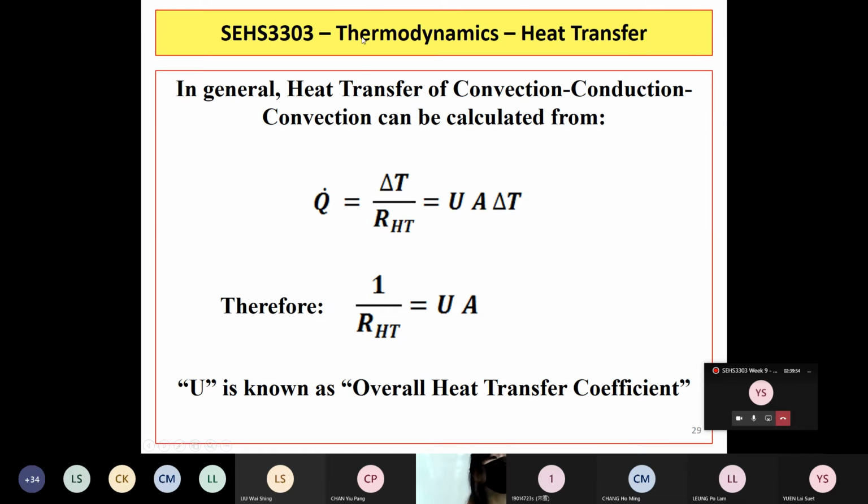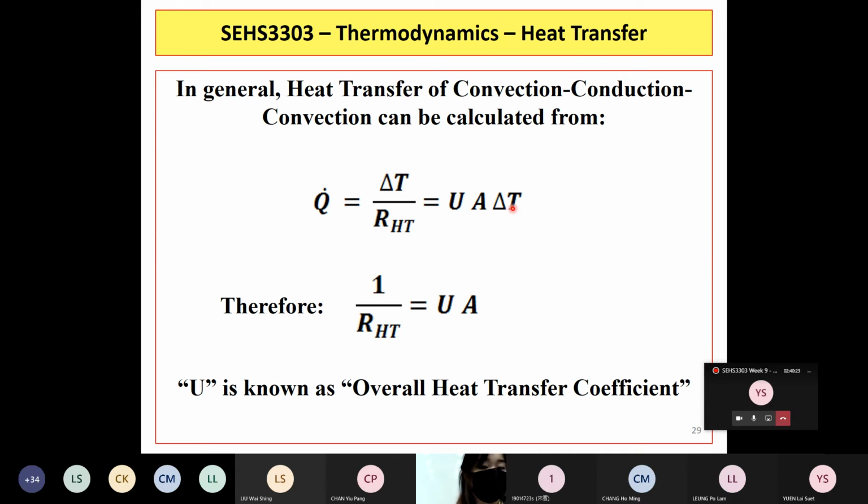So in general, the heat transfer of the conduction and the convection system can be calculated from the heat transfer circuit. That is, the heat transfer rate equals the temperature differential divided by the total or the overall resistance.